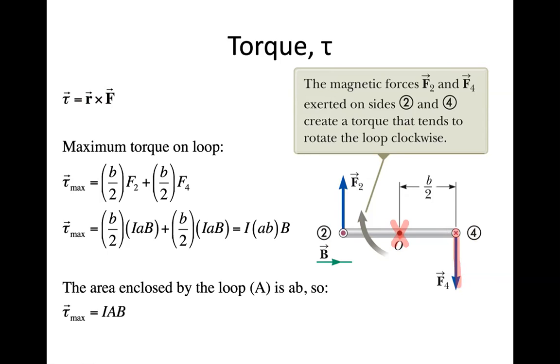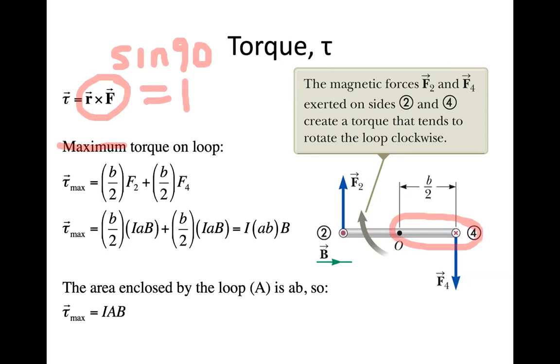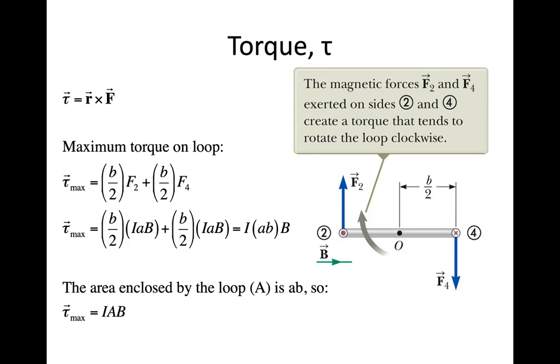So the force at a distance creates a torque. And this force at this distance creates a torque. Okay. Now, if we want to look at the maximum torque, it is when the sine of theta is sine of 90, which equals 1. So then what we're going to have for this is the torque from force 2 and the torque from force 4.